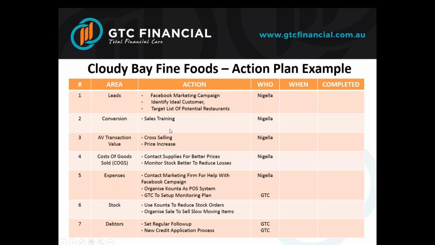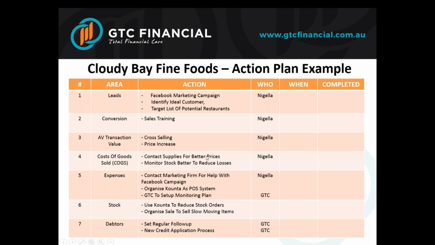We would find a place that could teach her to do better sales, so that would improve her conversion rate, and that would lead into cross-selling, being able to find out what a customer's looking for and making sure that she can sell additional product to them.